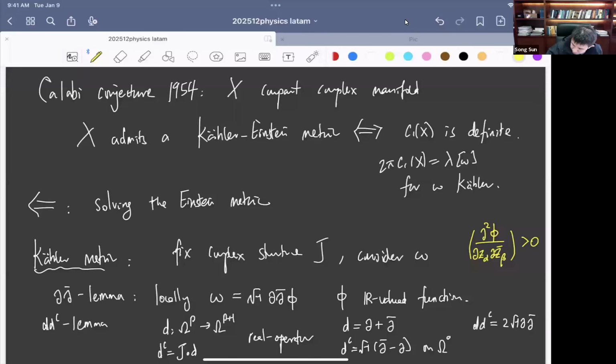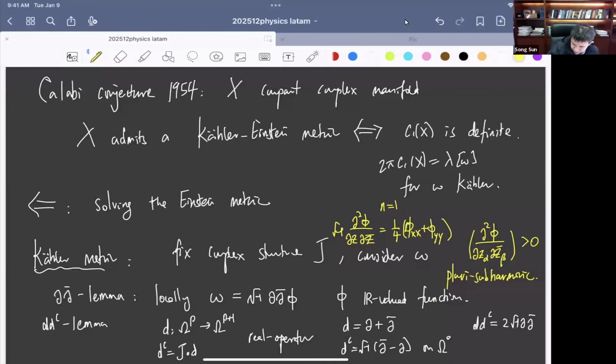Such a phi is called pluri-subharmonic. That's because in one dimension, if n equals 1, you are just considering, if I remember correctly, some explicit 1/4 times the standard Laplacian, which is phi_xx plus phi_yy.